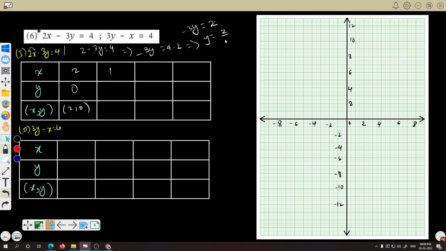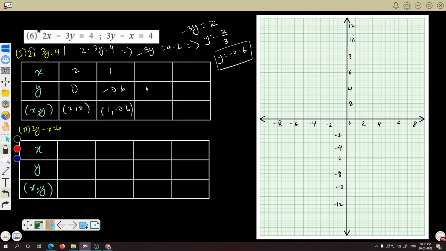So y will be minus 2 upon 3. If you divide 2 by 3, the answer will be minus 0.6. I round this off to 0.6 so that I can plot the graph. So for x as 1, the value of y is minus 0.6. Coordinates are 1 comma minus 0.6. I hope this is clear to you.